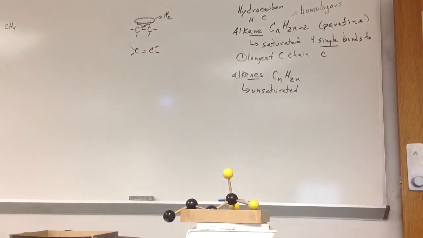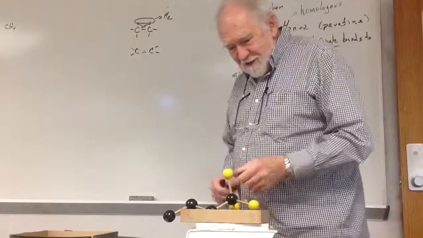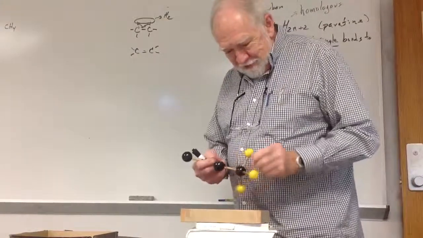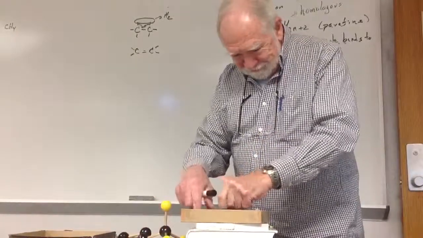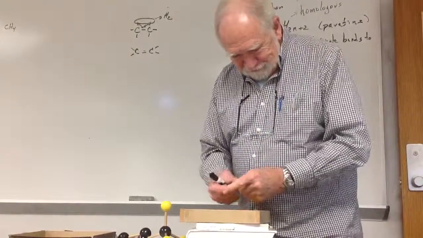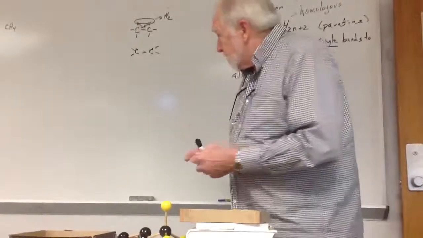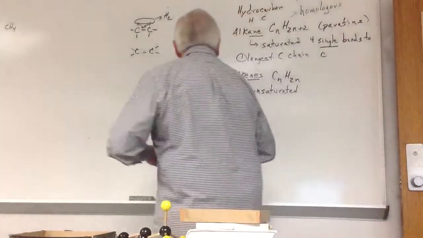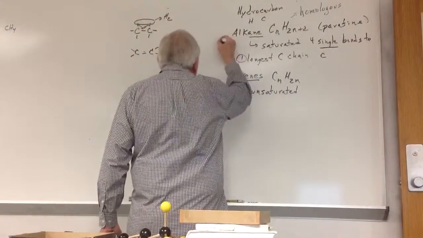Okay, what can we do with alkenes? We can do a lot of things with alkenes. First of all, I mentioned up here that for the 4 separate bonds, it was an sp3 hybrid.